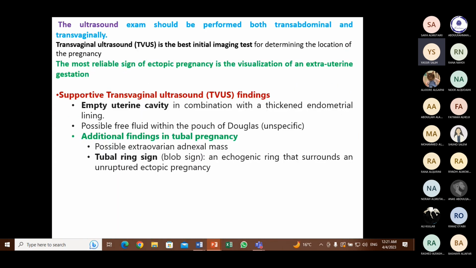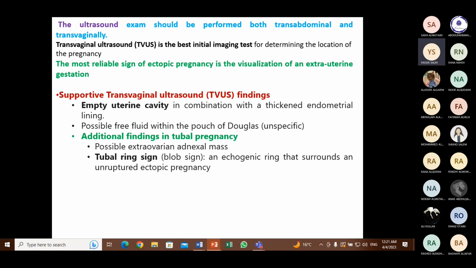Now the other signs. First, we find an empty uterine cavity with thicker endometrial lining. Sometimes we find free fluid in the pouch of Douglas, the recto-uterine space.